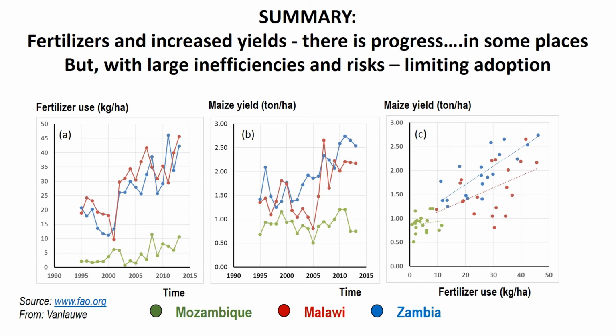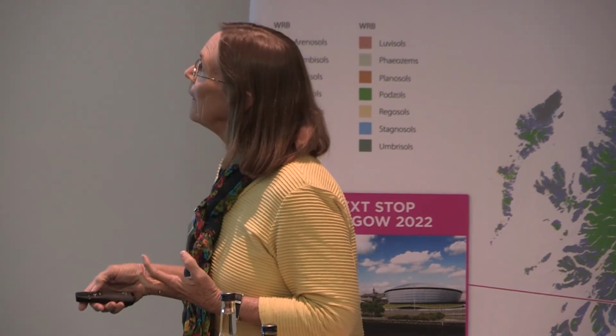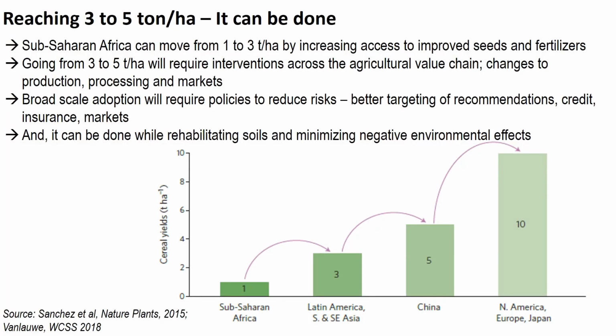So there is progress in some places, but with very large inefficiencies when we just talk about 1 to 3 tons. And there are huge risks to farmers until they get the right fertilizers on the right soils. And then the concluding slide is we can get beyond 3 and get even to 5. By increasing access to seeds and fertilizers, we can get to 1 to 3, and we're seeing it happen.